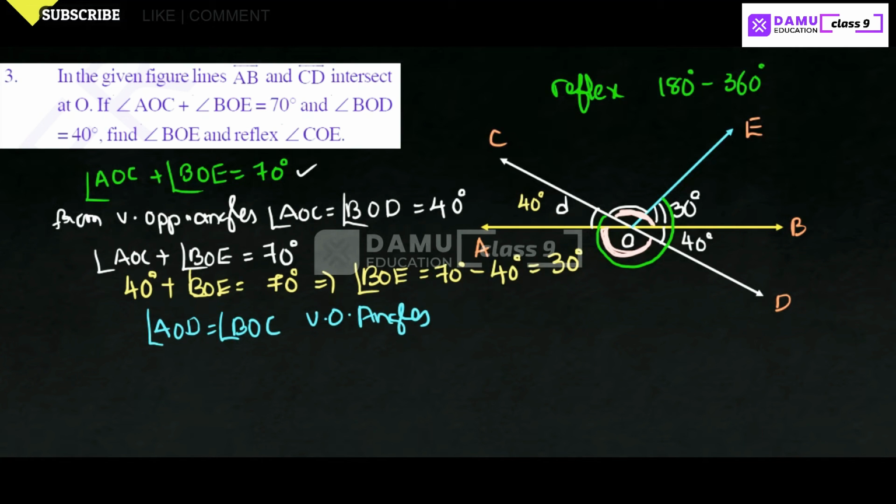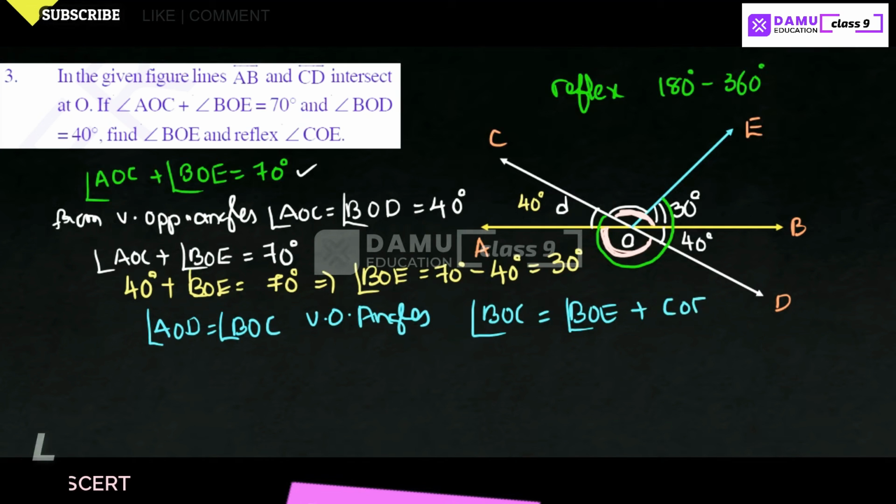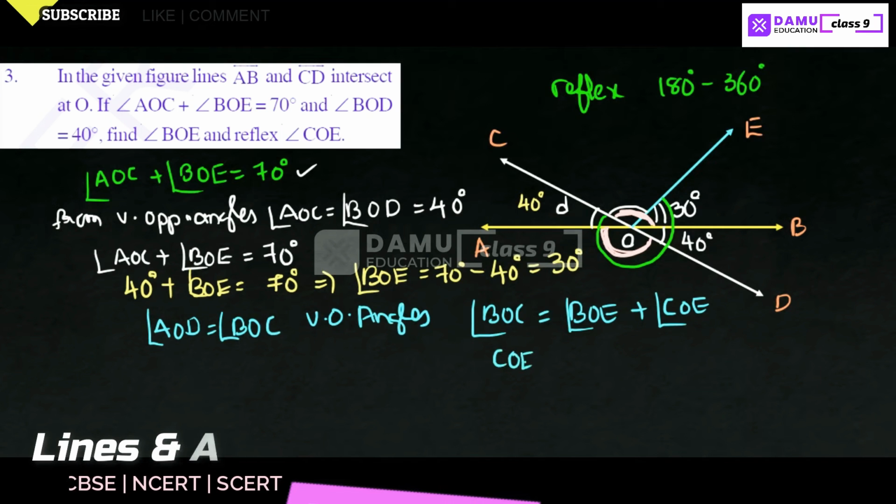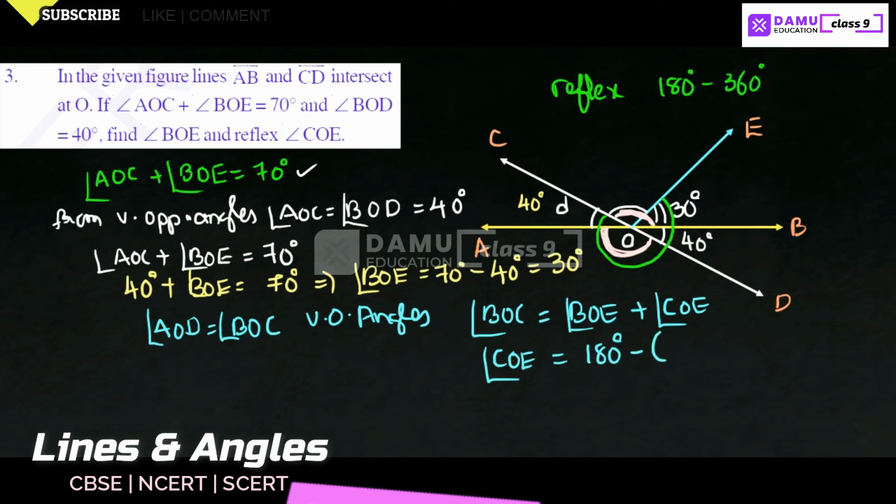So how do we find BOC? Angle BOC will be equal to angle BOE plus angle COE. In order to find angle COE, angle COE will be equal to 180 degrees minus AOC and BOE.